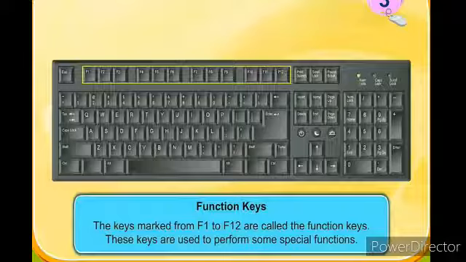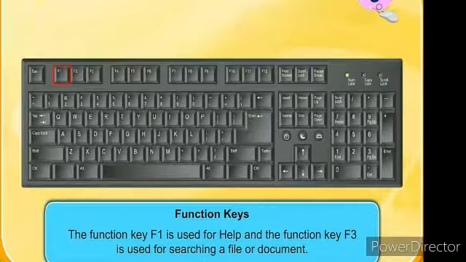The keys marked from F1 to F12 are called the function keys. These keys are used to perform some special functions. For example, the function key F1 is used for help and the function key F3 is used for searching a file or document.